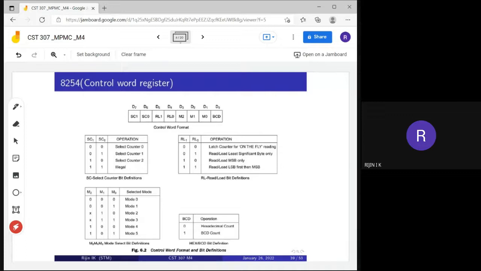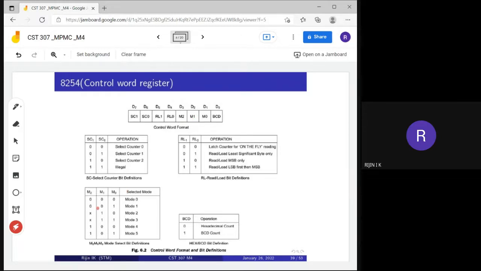For selecting a particular mode, it will be based on the value of these bits in the control word register.